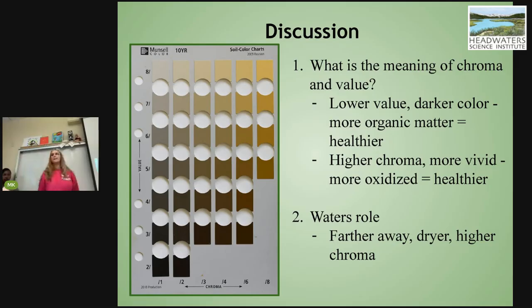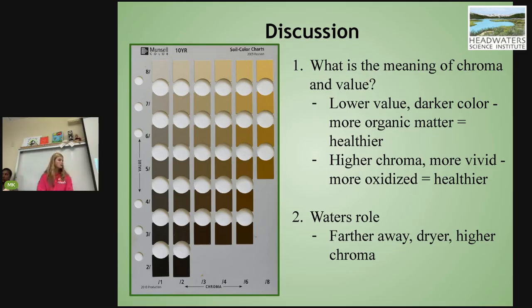But more salt means more water, so a lagoon would probably have a lower chroma value than a lake would, because a lagoon has more of a brackish water composition, which means a higher salinity rate. So we had a chroma value around 2, but a lake might have a chroma value around 5, which means it's more able to oxidize.